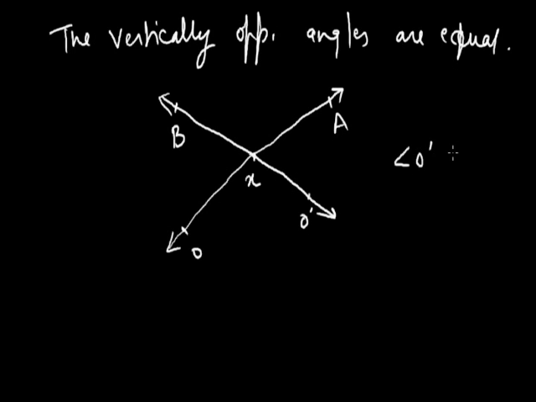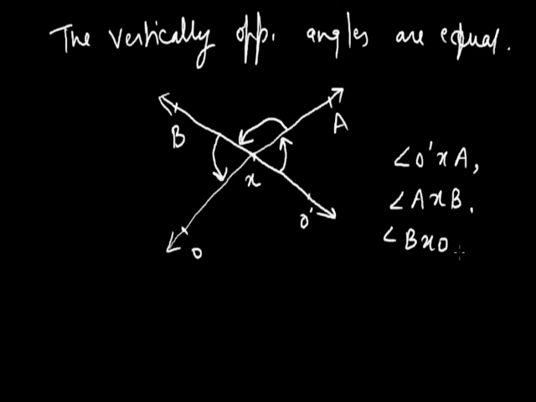Angle O dash XA, always measure angle in anti-clockwise direction. The second angle is angle AXB. The third being angle BXO, and the fourth one is angle OXO dash.